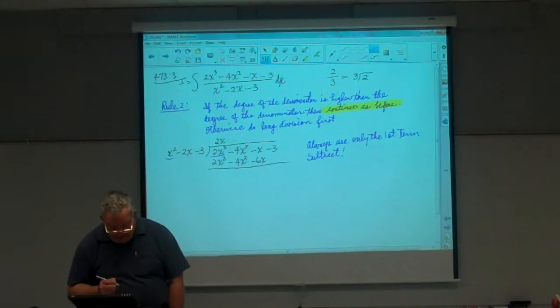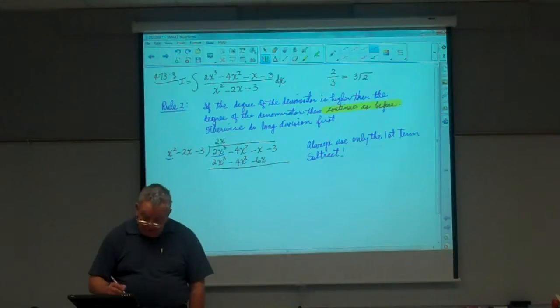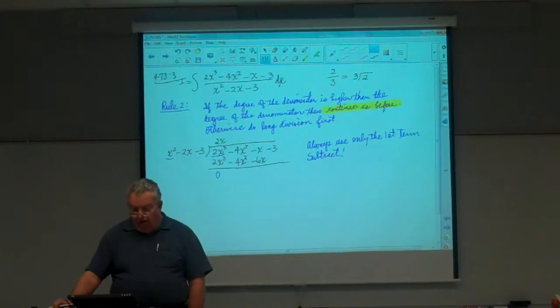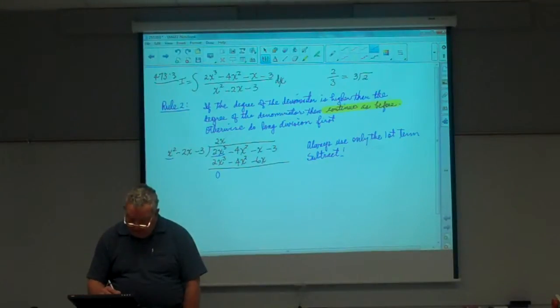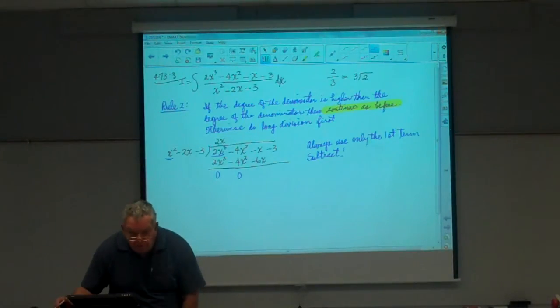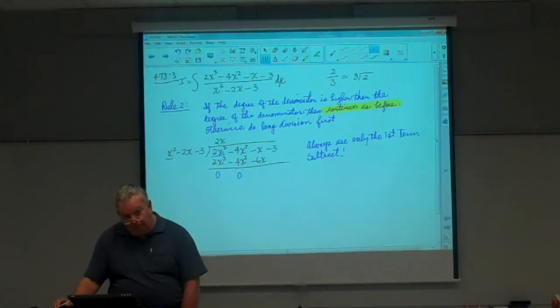So 2x cubed minus 2x cubed is 0, right? Is that right? Then minus 4x squared minus a minus 4x squared: when you subtract that second minus 4x squared, doesn't that make it a positive?